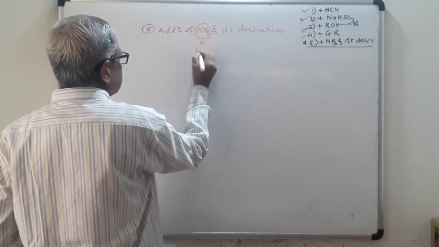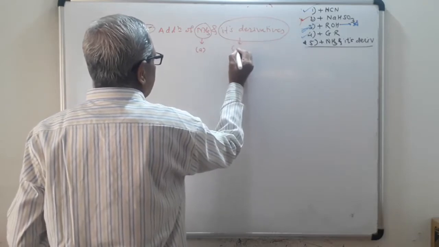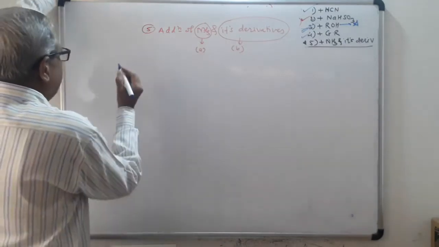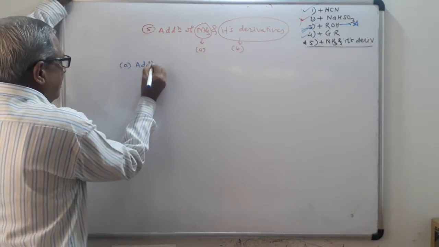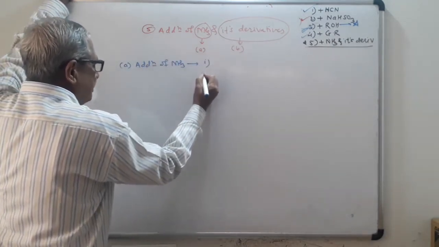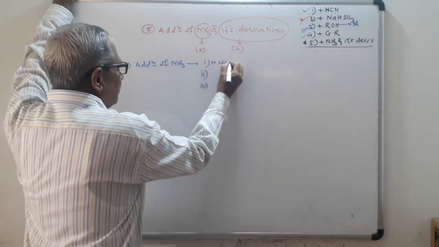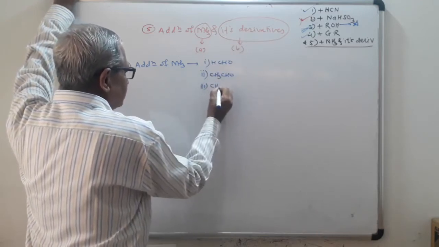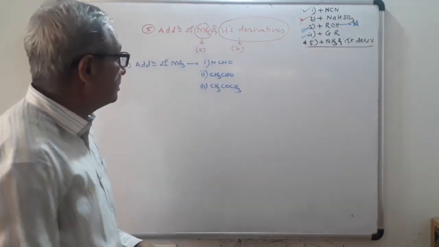A part is addition of ammonia and B part is addition of derivatives of ammonia. In this case, you have to learn three reactions in detail. First reaction with formaldehyde, second reaction with acetaldehyde, and third reaction with acetone. These three reactions are very, very important.